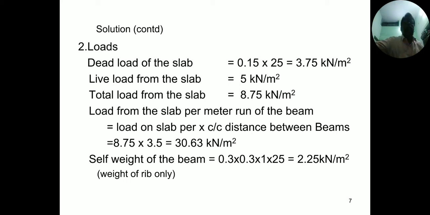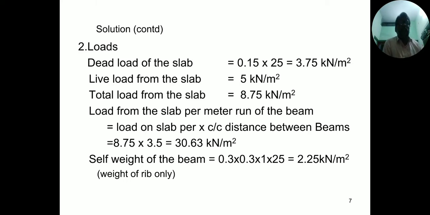Width is 0.3; how do we get the depth? Total overall depth of the T beam is 450 mm and depth of the flange is 150 mm. 450 minus 150 is equal to 300 mm. That is the depth of the rib. Rib only: 0.3 into 1 into 25.